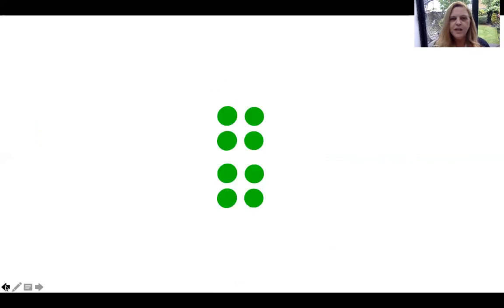How many did you see? Did you see 8? I saw 4 and 4 make 8, but maybe you saw it a bit differently. Let's do the next one. Okay, you ready?